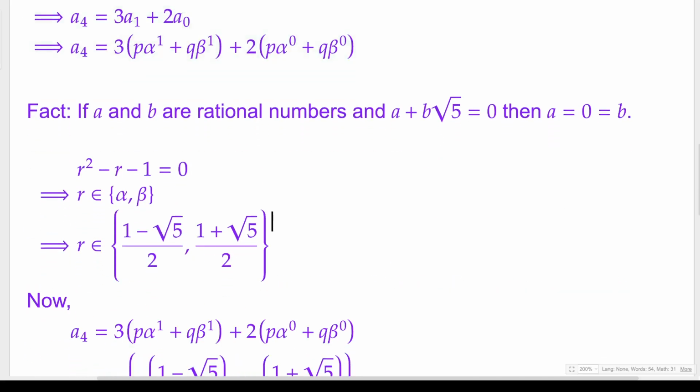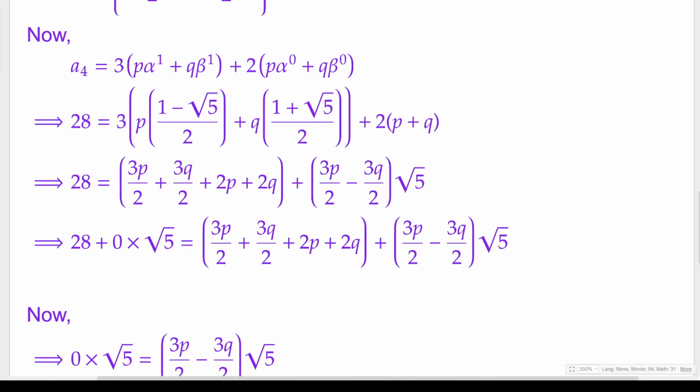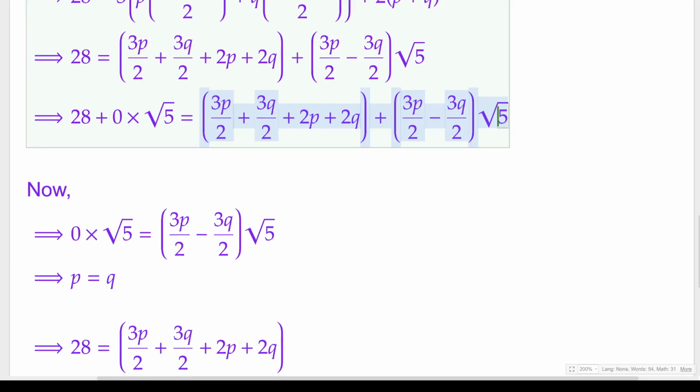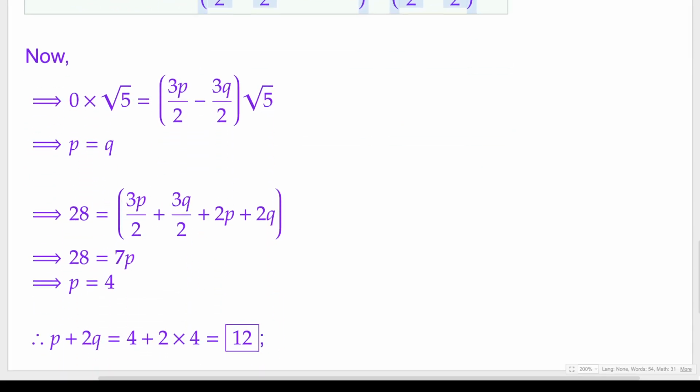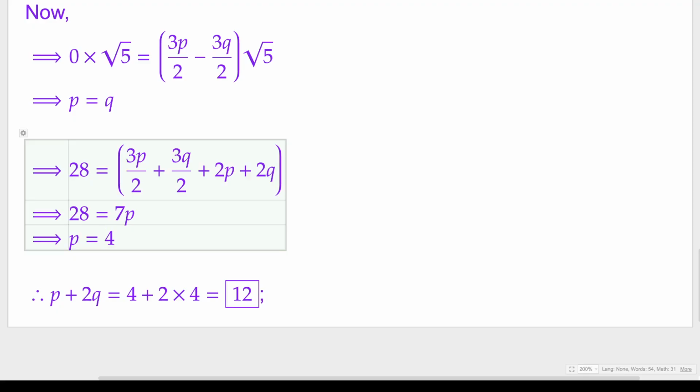On using the properties that were given in the problem statement, I arrived at this final equation, that is 28 plus 0 times square root of 5 is equal to this particular quantity. And on making appropriate comparisons, I got p is equal to q as one important equation and p is equal to 4 as one of the important values. On substitution of all of this in the demanded expression, I got the answer as 12, and hence this is the solution and the answer.